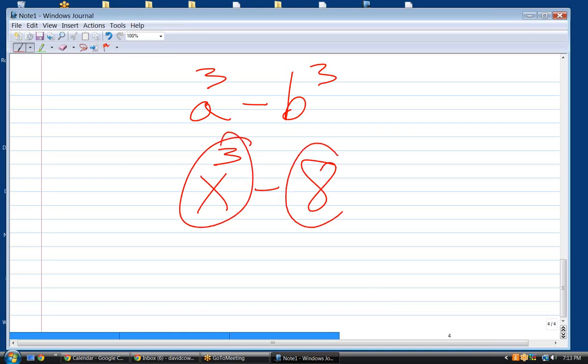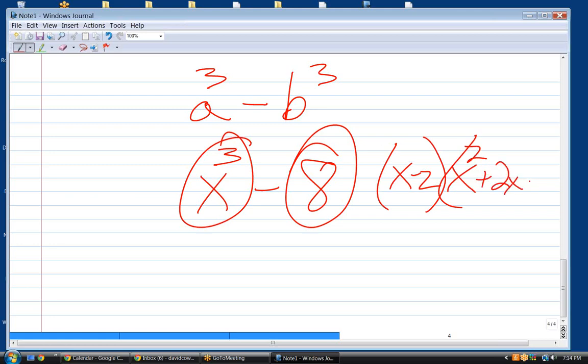That's a perfect cube, that's a perfect cube. So this would factor into (x minus 2) times (x squared plus 2x plus 4).